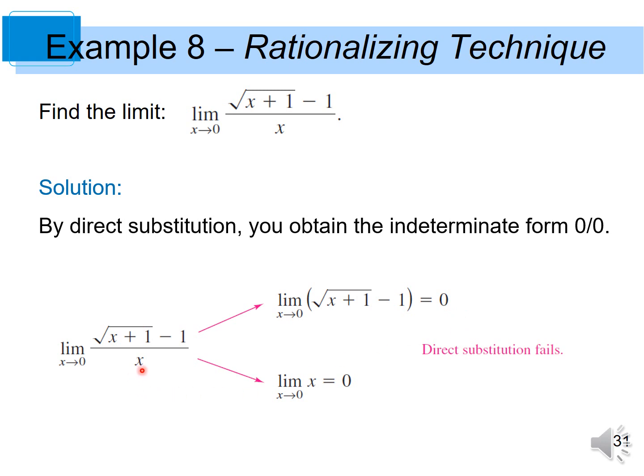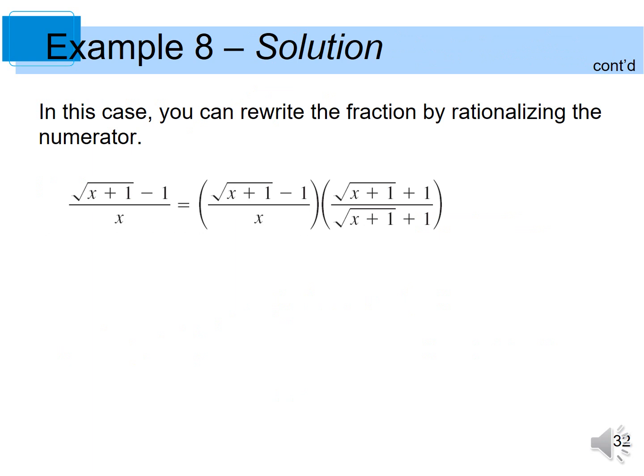And for the denominator, when we substitute x by 0, we will have 0. So we have 0 divided by 0. So this is an indeterminate form. In this case, you can rewrite the fraction by rationalizing the numerator.